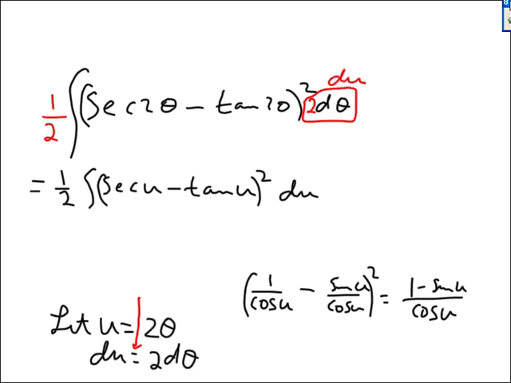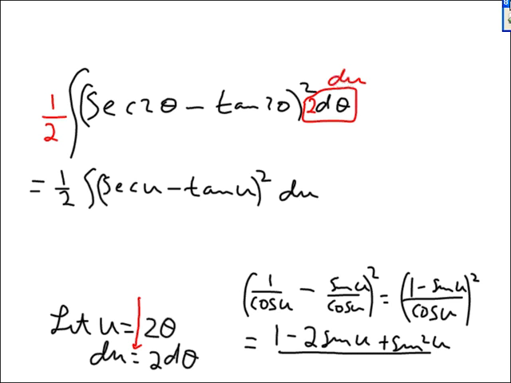That's what's in between the brackets. And we square it. Well, the top is going to be 1 minus 2 sine of u plus sine squared of u. And this is all over cosine of u.